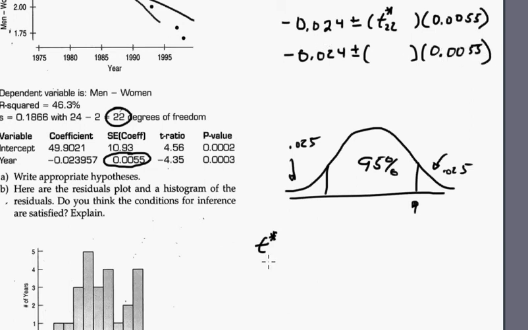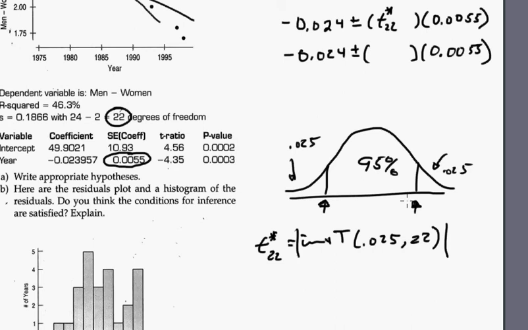Mathematicians love to do this writing. t star at 22 equals inverse t of 0.025 at 22 degrees of freedom. I'll take the absolute value of that because I really want this number. This number is going to be negative here, so I'm finding this value and taking the absolute value of it, which is equivalent to this.